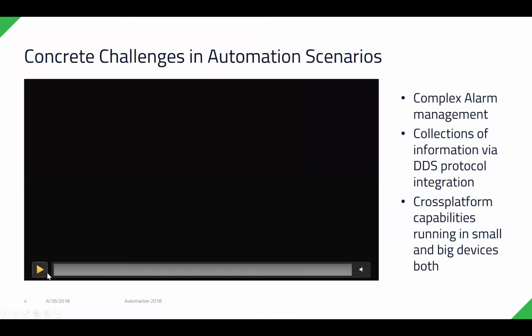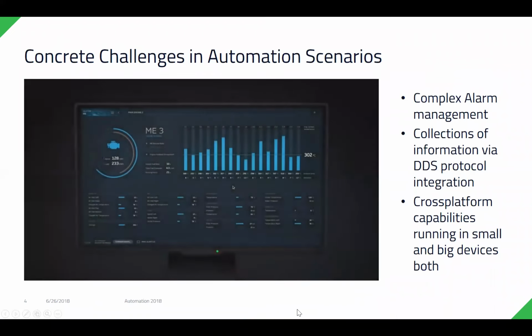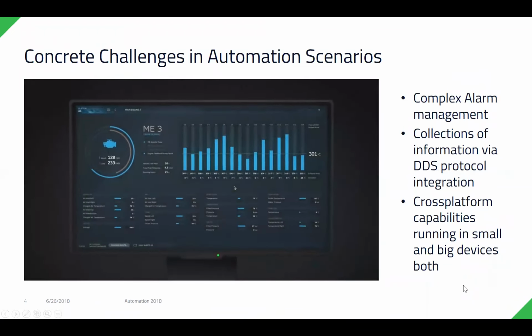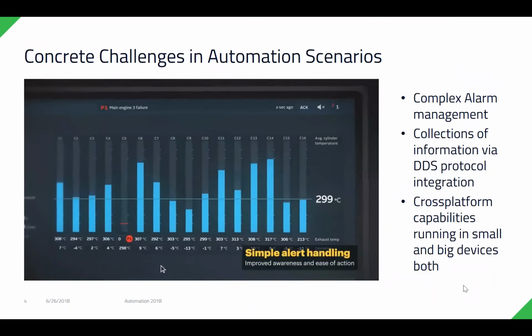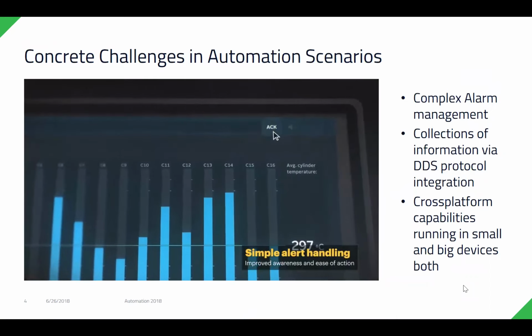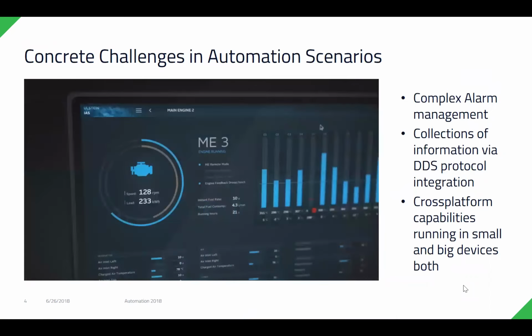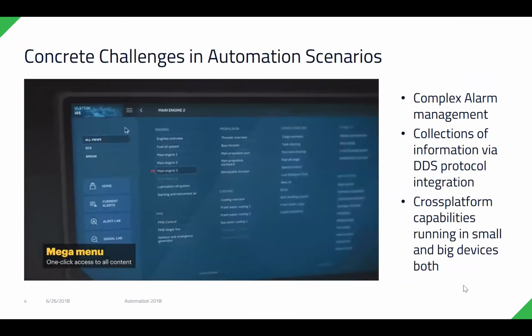Just as a brief introduction, a movie we made together with Ulstein Company, which created a UI with Qt and the application part with Qt as well, and the data part is integrated with DDS, a data distribution service.